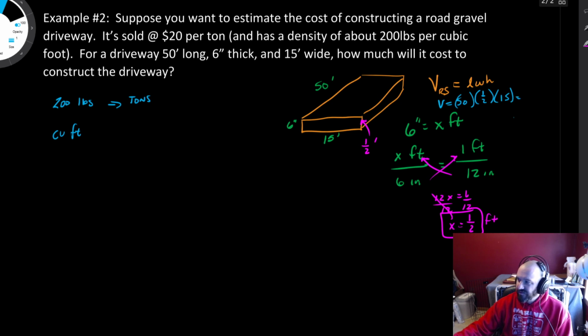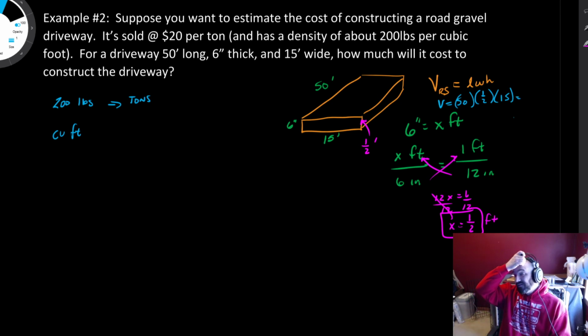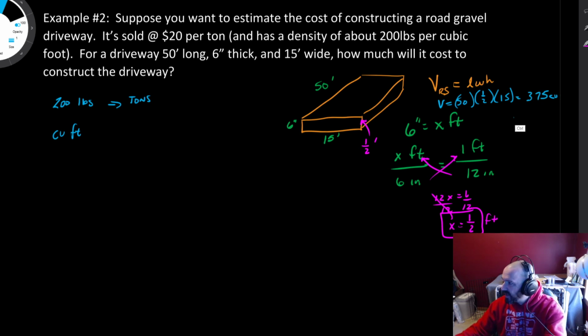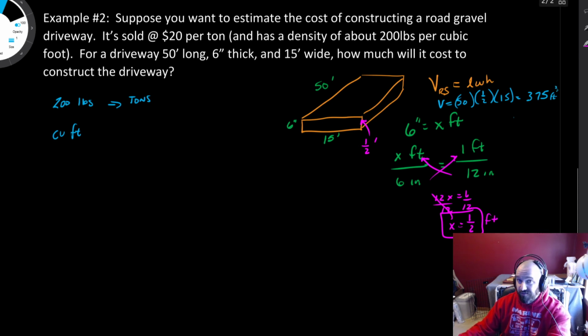That's going to give me 25 times 15. Well, 15 quarters is really what we're looking at. It's just shy of $4, so this is going to be $3.75. So it's 375 cubic feet. Oh my Lord, I ran out of space. I'll back that up. We're going to put it to save space, feet cubed. Same thing. So now I know how many cubic feet that I have.